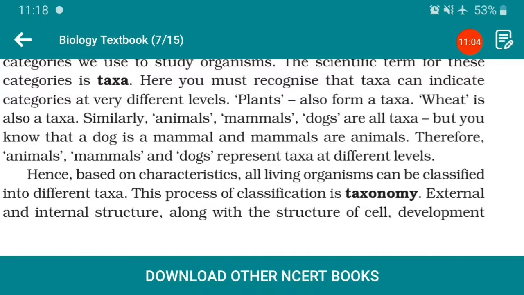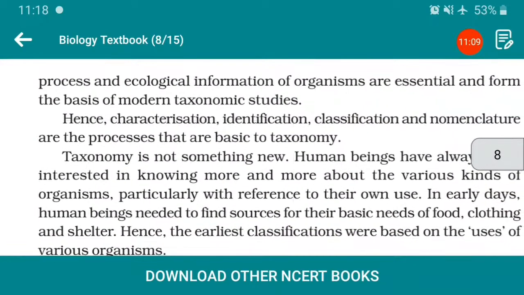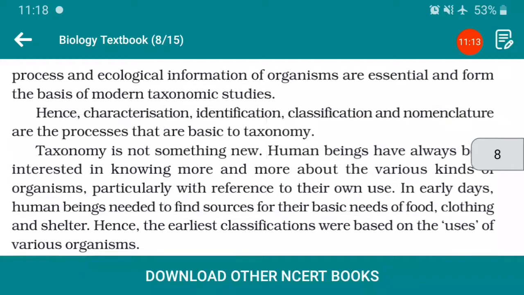Along with the structure of the cell, the development process and the ecological information of organisms are essential and form the basis of modern taxonomical studies. Today in the 21st century, we are using modern taxonomic studies. Here characterization, identification, classification and nomenclature are the processes that are basic for taxonomy.